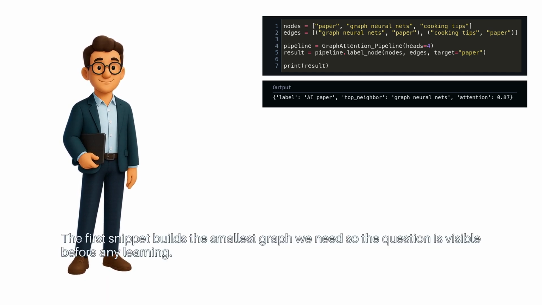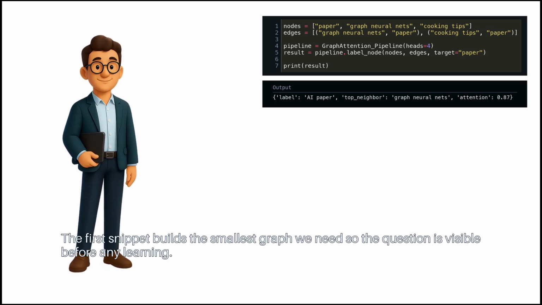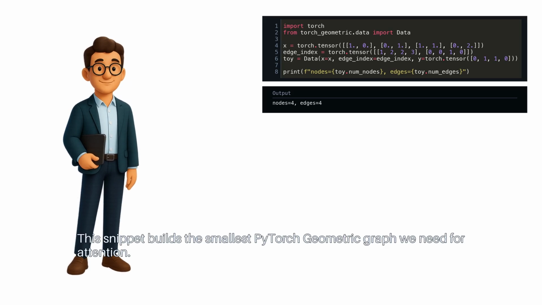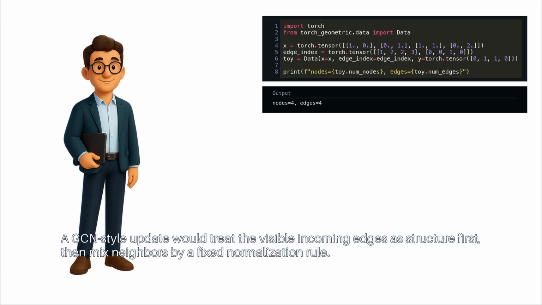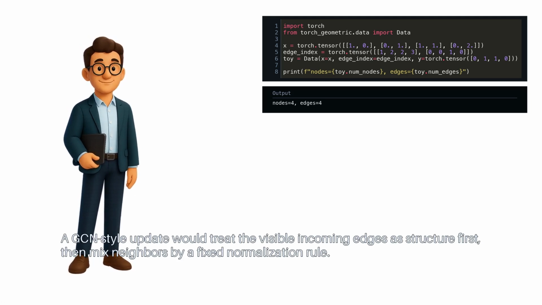The first snippet builds the smallest graph we need, so the question is visible before any learning. This snippet builds the smallest PyTorch Geometric graph we need for attention. A GCN-style update would treat the visible incoming edges as structure first, then mix neighbors by a fixed normalization rule.